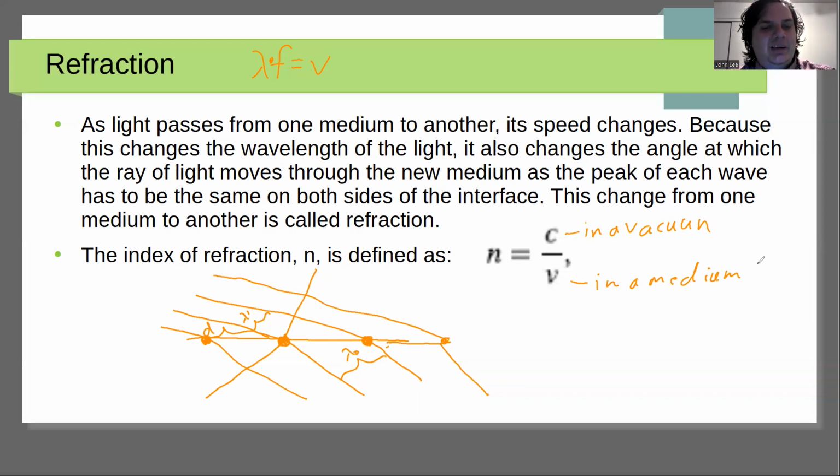And because the wavelength is dependent on velocity, and this angle is dependent on wavelength, this angle is also dependent on n, the index of refraction, which is dependent on the material and the wavelength or frequency of the light going through the material.